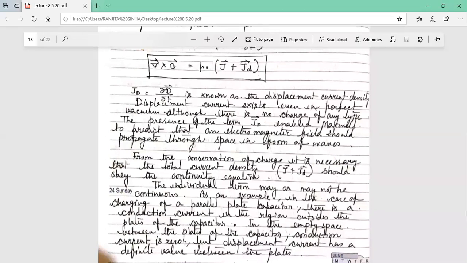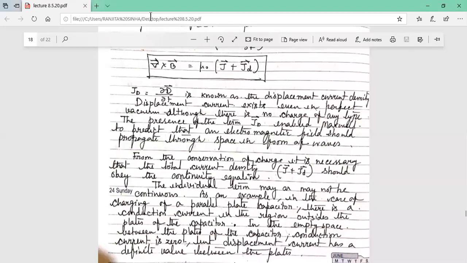So in charging of a capacitor, between the plates only displacement current exists, while outside the plates, in the circuit, the total current is conduction current and the displacement current is 0.